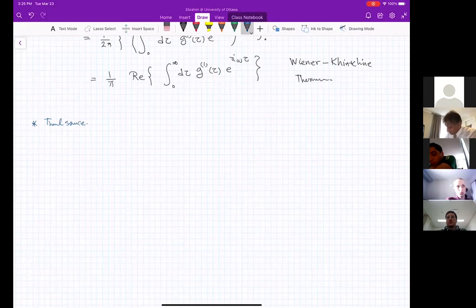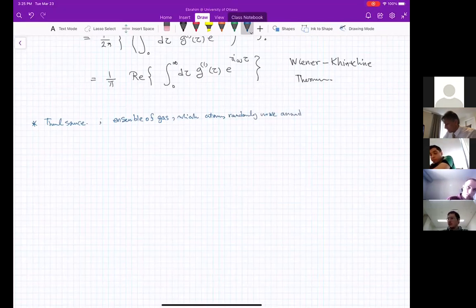So now I assume that I have an ensemble of gases, or a gas, whose atoms randomly move around. And what you get as a consequence is collisions between them.